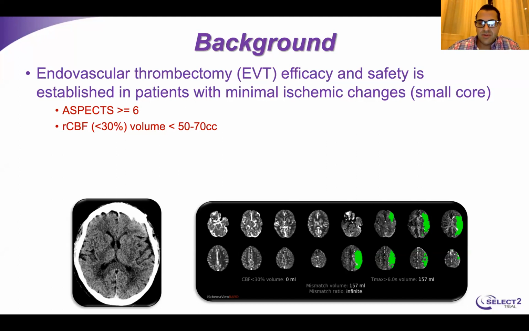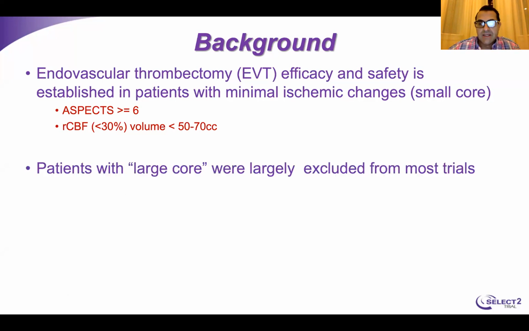This patient, for example, had a very good aspects score and had CBF less than 30% volume on CT perfusion of zero, with a large penumbra. Patients with a large core were excluded from almost all of these trials. Even in the DAWN trial, we excluded patients with greater than 51 cc's of infarct.